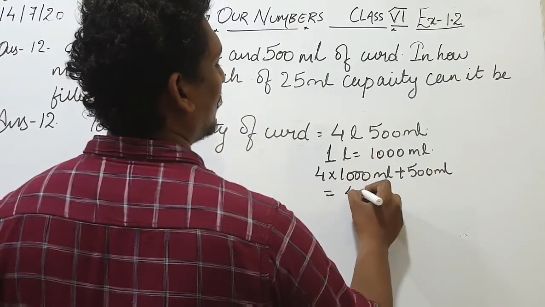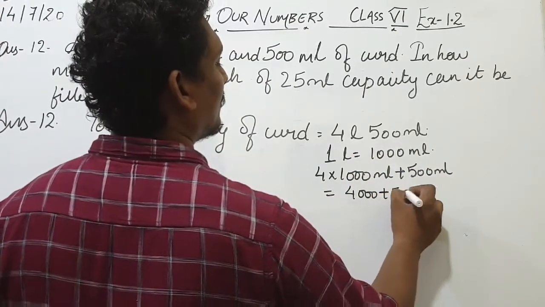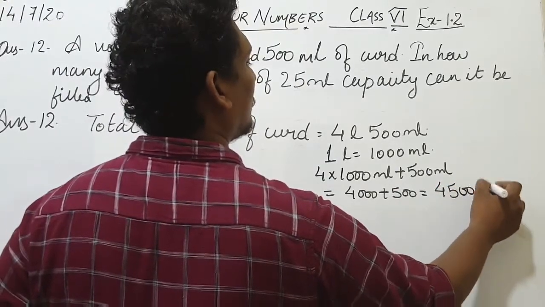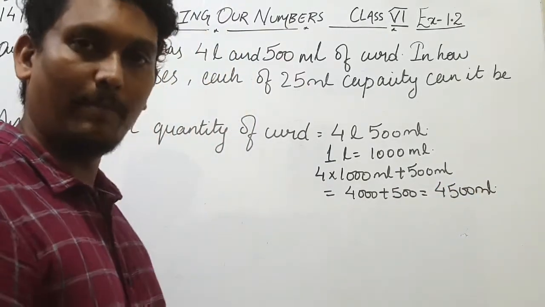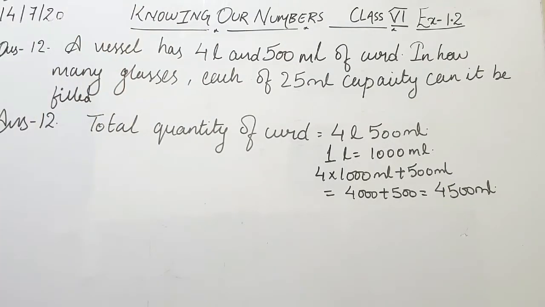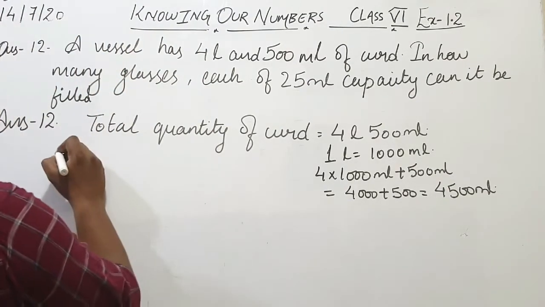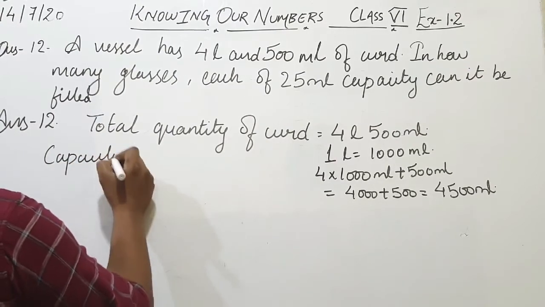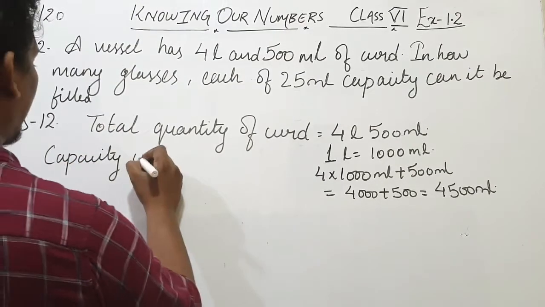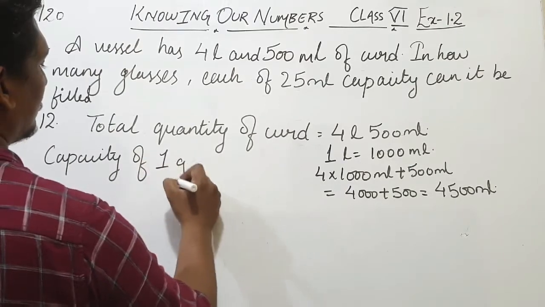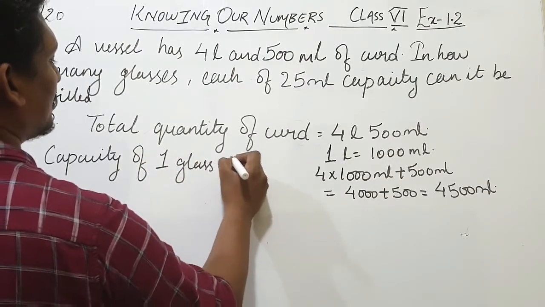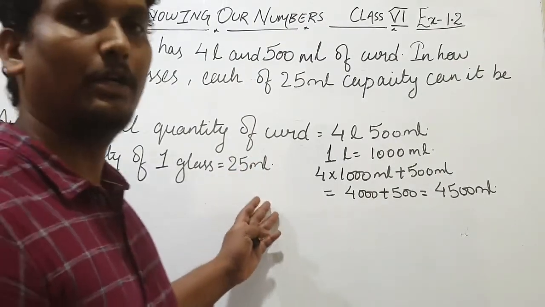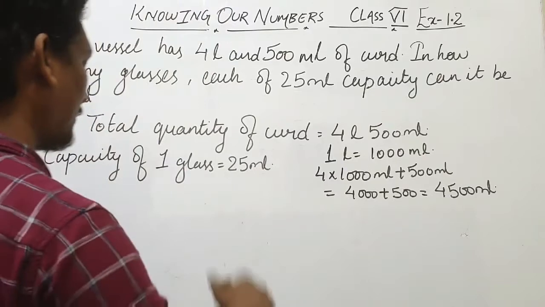So the final answer is 4000 plus 500, that is 4500 milliliter. Okay, and the capacity of glass is given how much? 25 milliliter, the capacity of one glass. So it is already in milliliter, so no need to convert it.